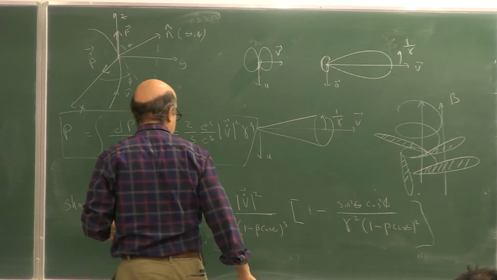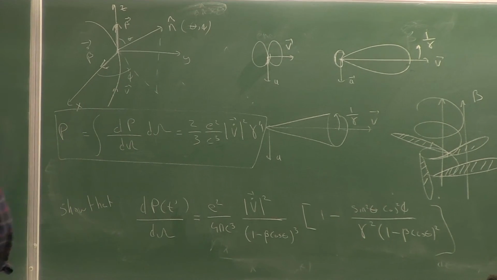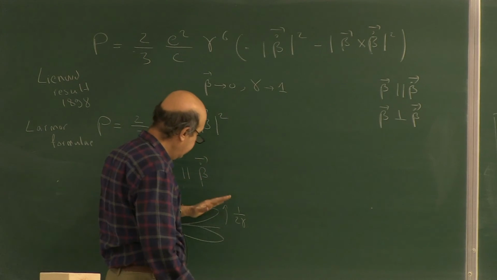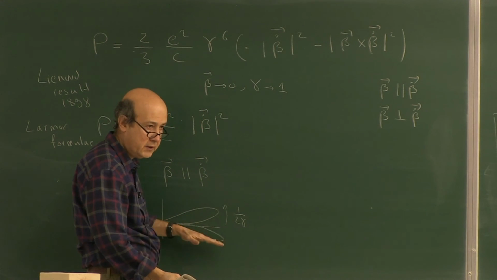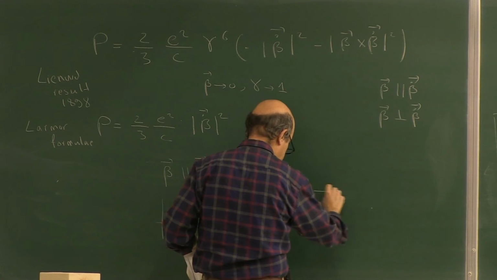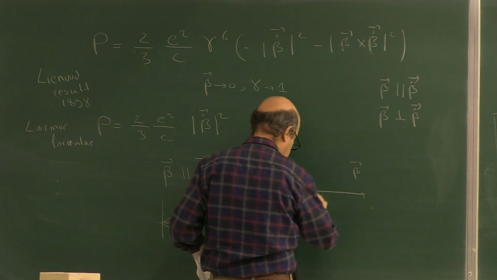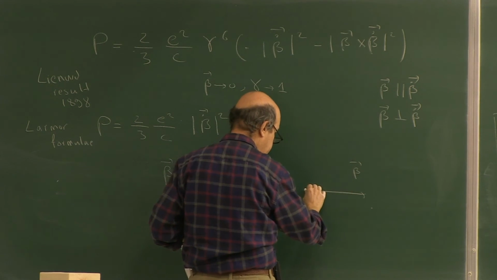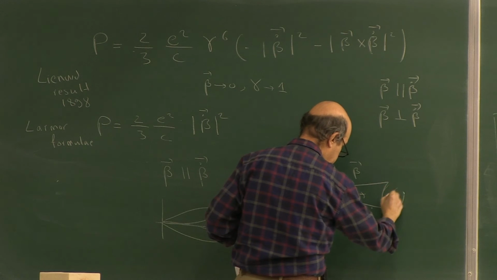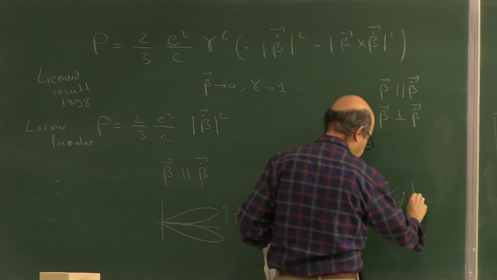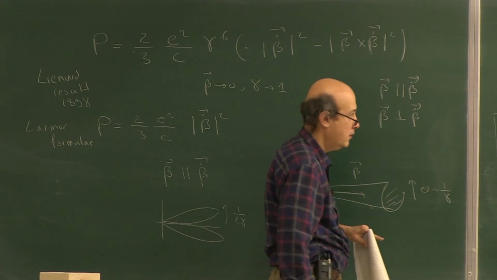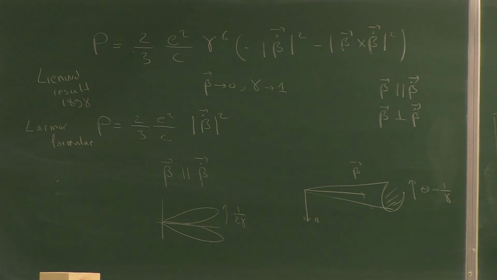So the bottom line of what we learn here: in the case of linear acceleration, where beta and beta dot are parallel, the radiation pattern is bent in the forward direction. But in the case of circular motion, if the charge is moving highly relativistically in circular motion, then you have this kind of cone-like radiation, and the width of the angle is roughly 1 over gamma, beamed in the forward direction.